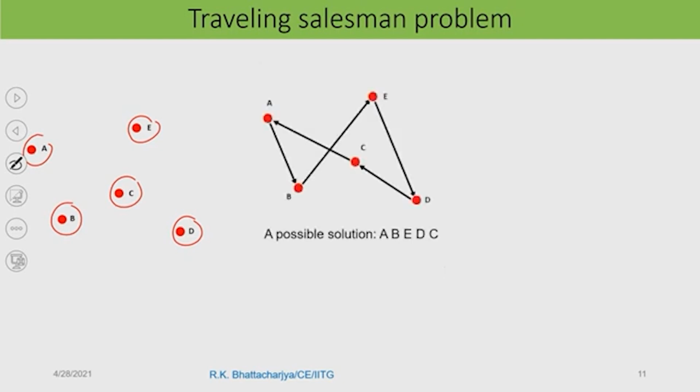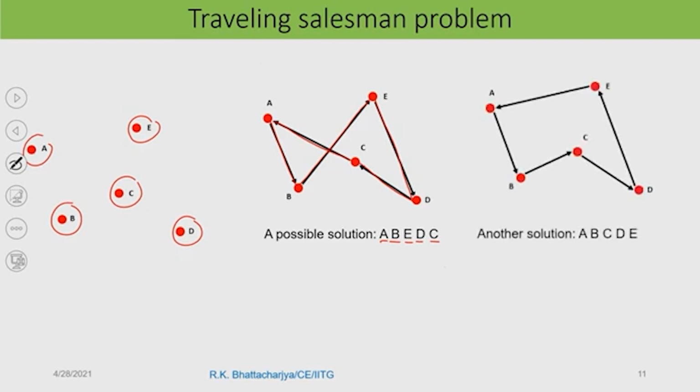One possible solution is that you start from A to B, then B to E, E to D, then D to C, and C finally to A. And the second solution may be something like this.